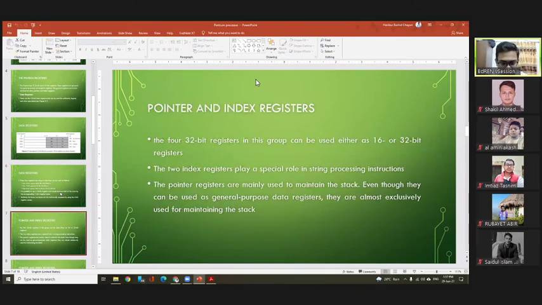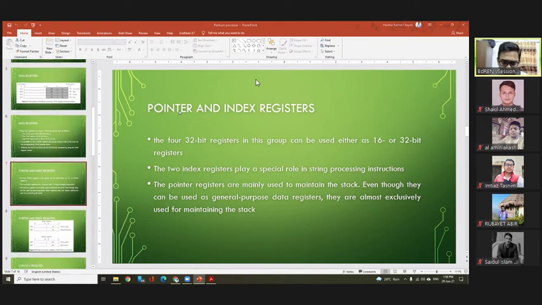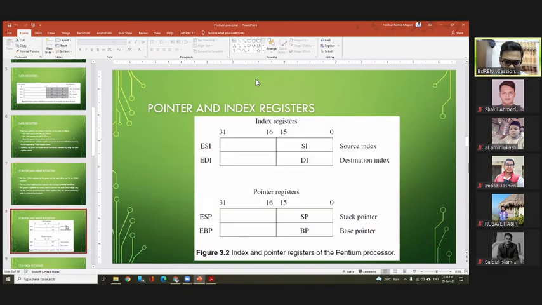Let me show you another 2 types actually: the pointer and the index register. Although we are saying 2 types, they have written it in one. We can say there are 2 different ones. One is the index register, another one is the pointer register.